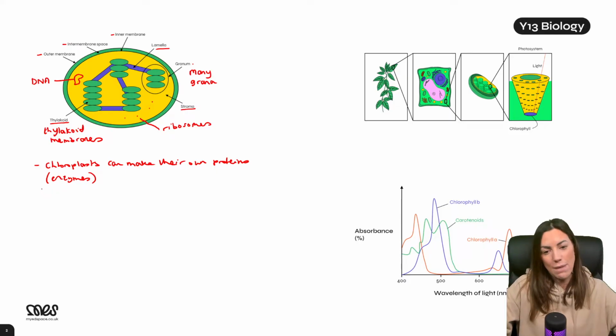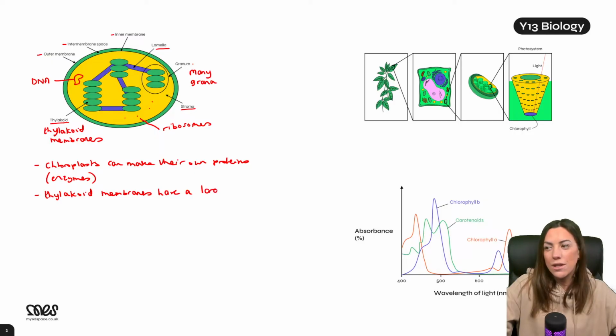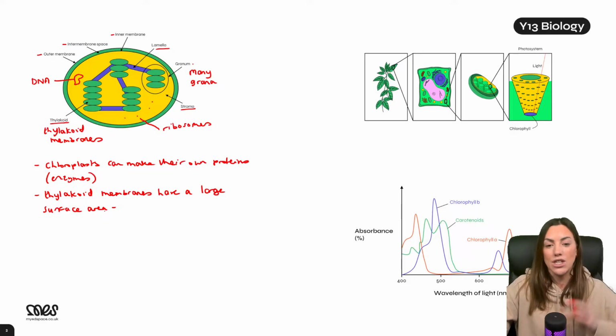Let's just think a little bit more about the structure and how it's actually adapted for photosynthesis. We've already said they've got their own DNA, their own ribosomes, they can make their own proteins, such as enzymes. Thinking specifically about the thylakoid membranes, they have a large surface area, which is particularly useful for the light-dependent reaction because the light-dependent reaction actually takes place on the thylakoid membranes.